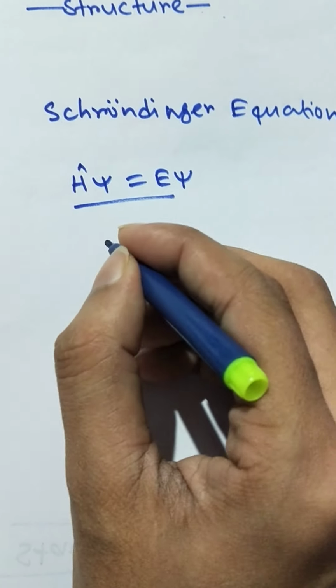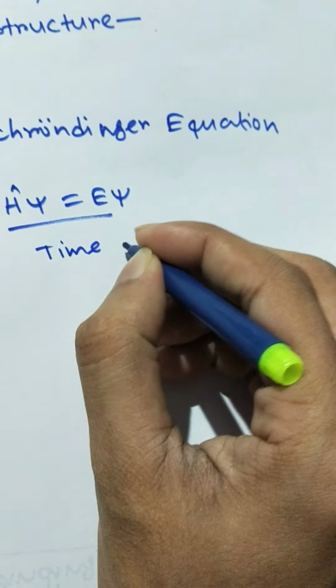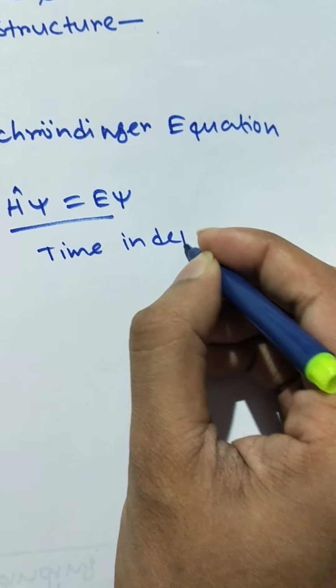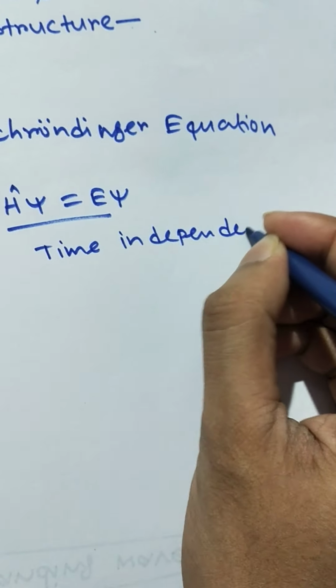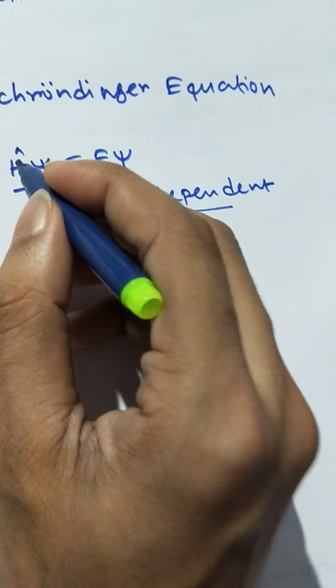This is the time independent Schrodinger equation.